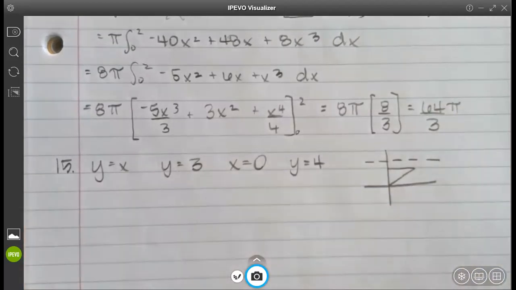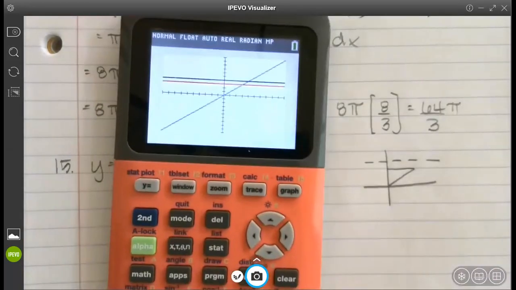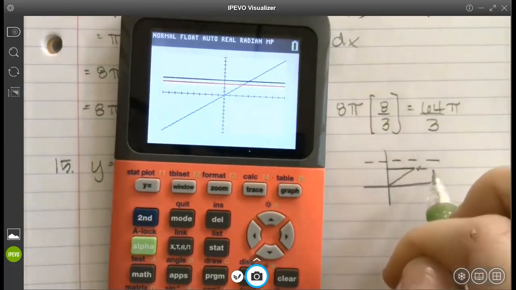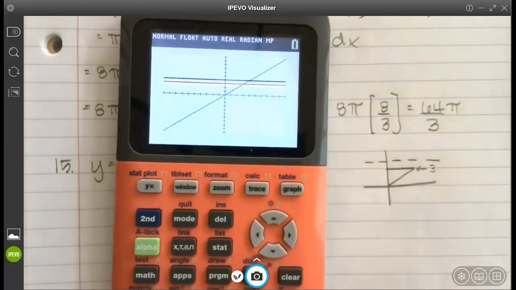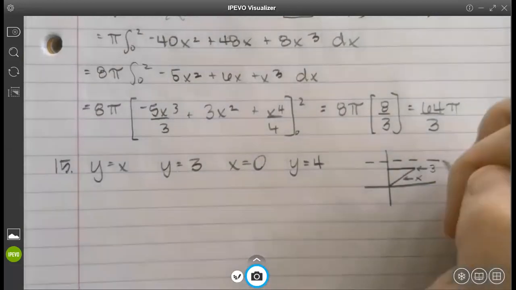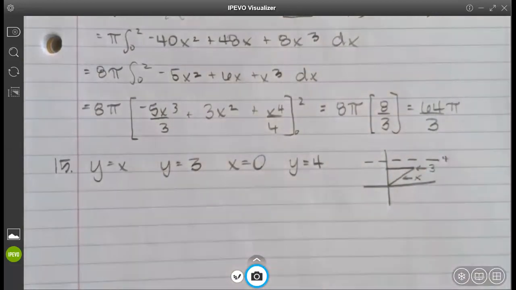And then we're rotating here. Now let's look at this triangle one more time. What is it made up of? What is this right here, this horizontal line? 3, right? Okay. And then this function is y equals x. All right. And this is 4.